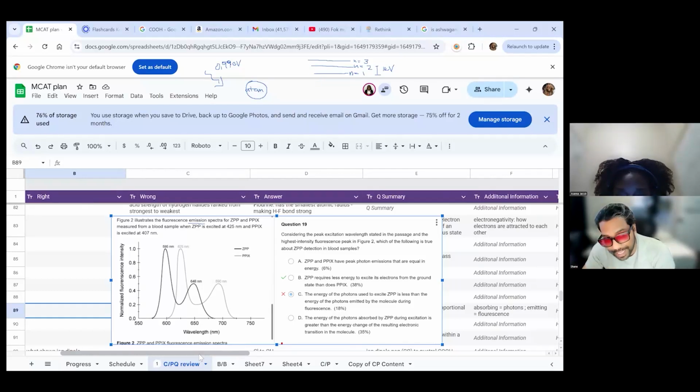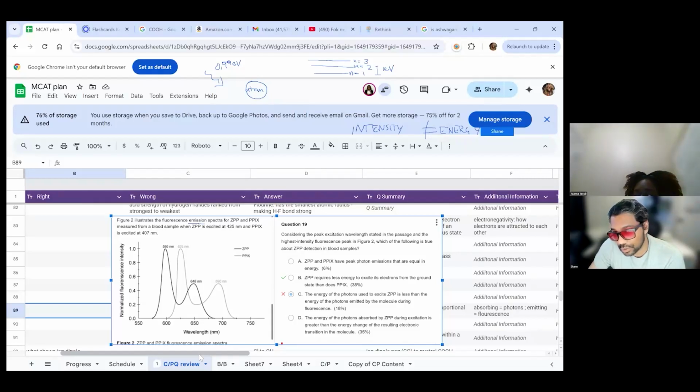And if you add more photons, because what they like to ask is what if you increase the intensity? So intensity is not energy.